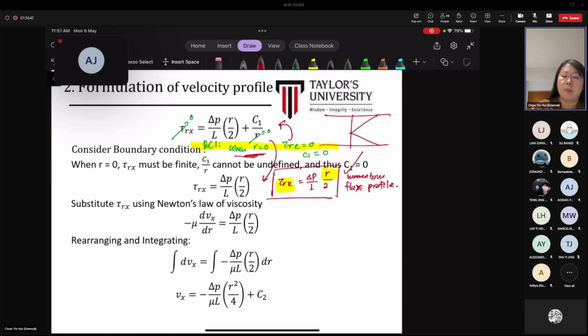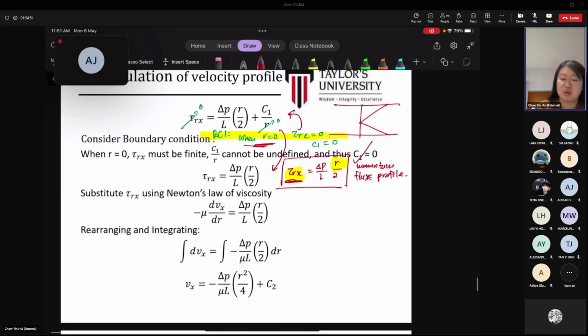Now, this is in shear stress. What we want is the expression for the velocity profile, Vx. We want the equation that expresses the velocity profile Vx.